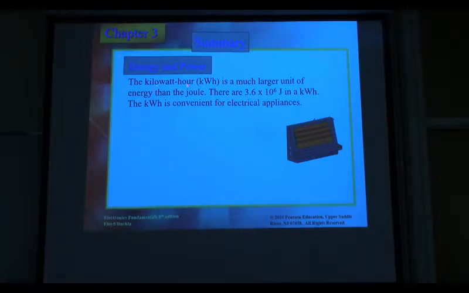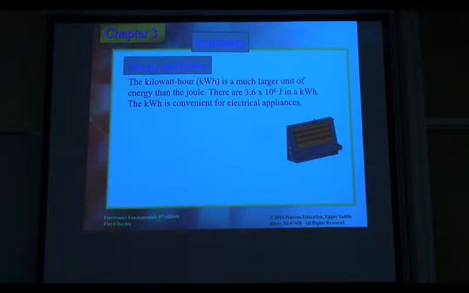So kilowatt hour is a unit for energy. And this one is much larger than joules, because a joule equals watt times second. This one is kilowatt, so that's 1,000 times here.